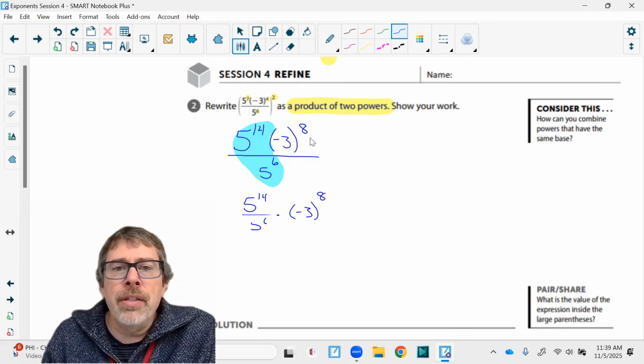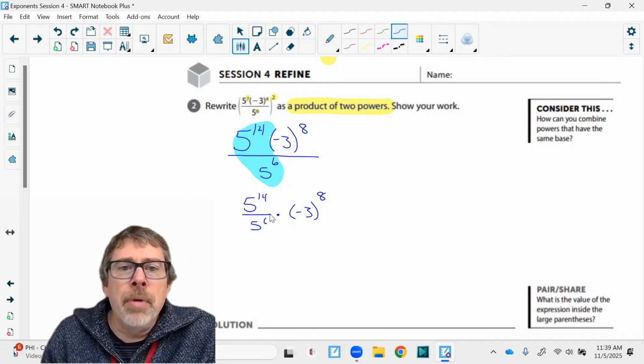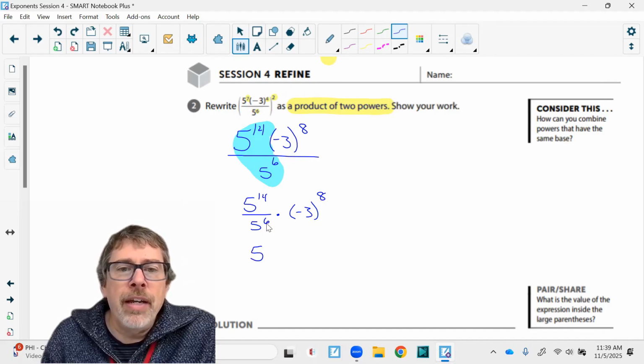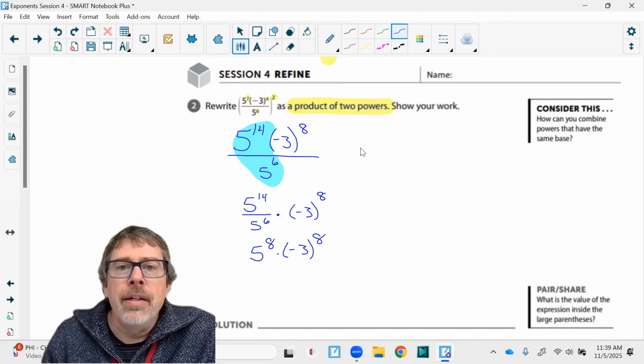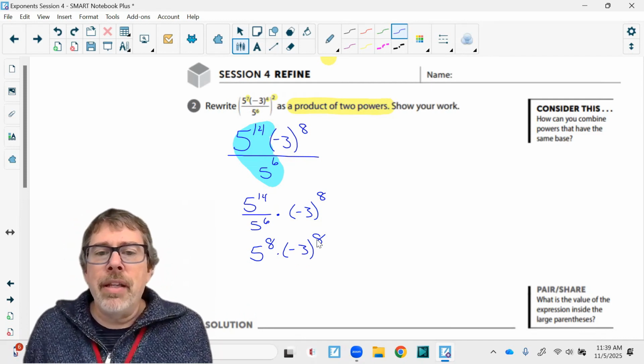So I pulled this out of the fraction and made it an integer. And now all I have to do is my subtraction rule, right? When you divide, you subtract. So 5 to the 14 minus 6 is 8, times -3 to the 8. Product of two powers, there's two powers. We are done. 5 to the 8th times negative 3 to the 8th power.